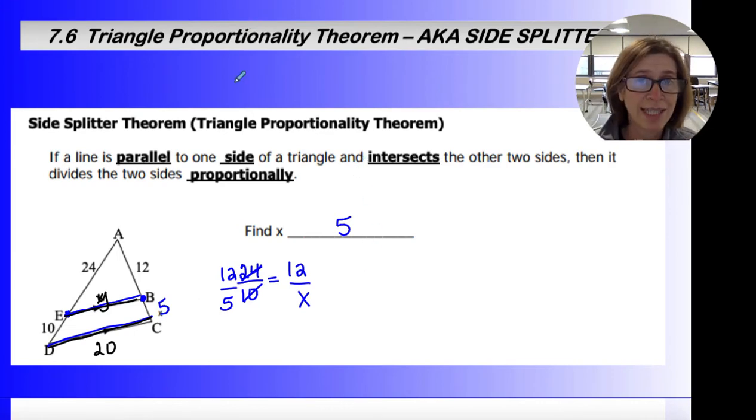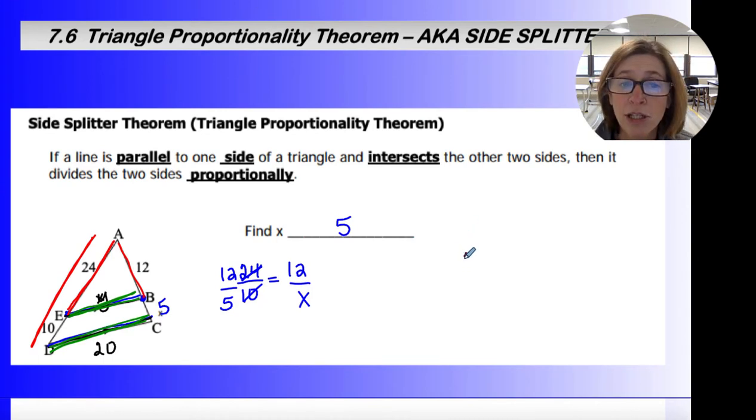That proportion is slightly different, and why I always tell kids you really should probably separate the triangles, because it's the top of the triangle, or 12, over the whole side of the triangle equals the middle of the triangle, that smaller parallel line, over the longer parallel line. So the proportion for that segment from the side splitter theorem would be 24 over 34, because you have to add 24 and 10, equals y over 20.